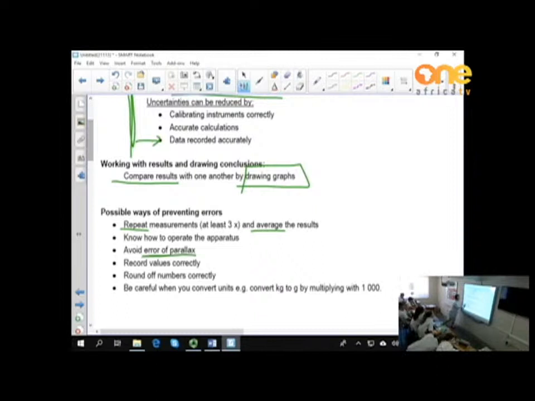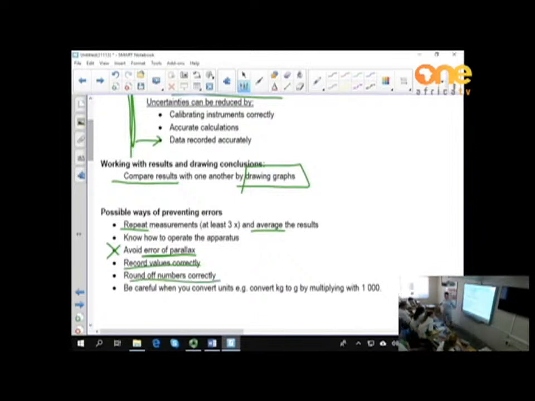Avoid the error of parallax. That's a very common error that we make when taking volume readings, mass readings, balance readings, etc. Many of the newer instruments have got a digital display, and that to a large extent avoids the error of parallax. Okay, because it's easier just to take the digital reading. Then record values correctly. I'm not going to say much more about that. And round off numbers correctly.